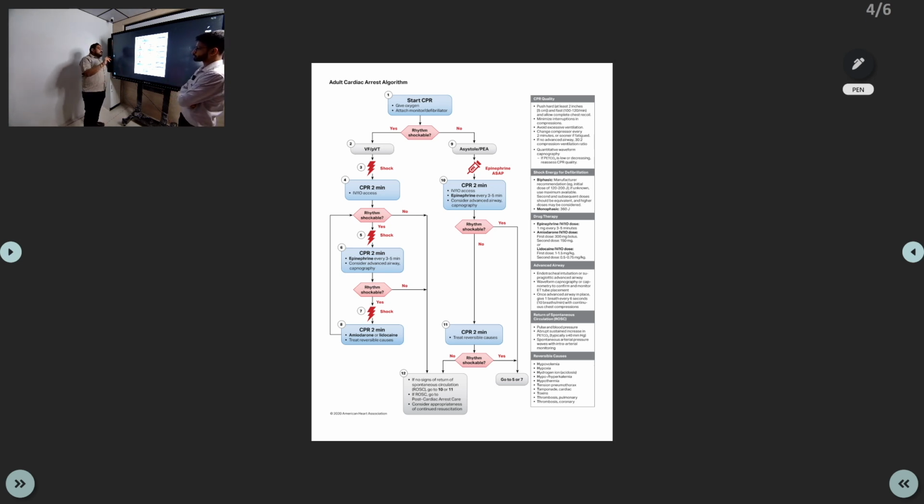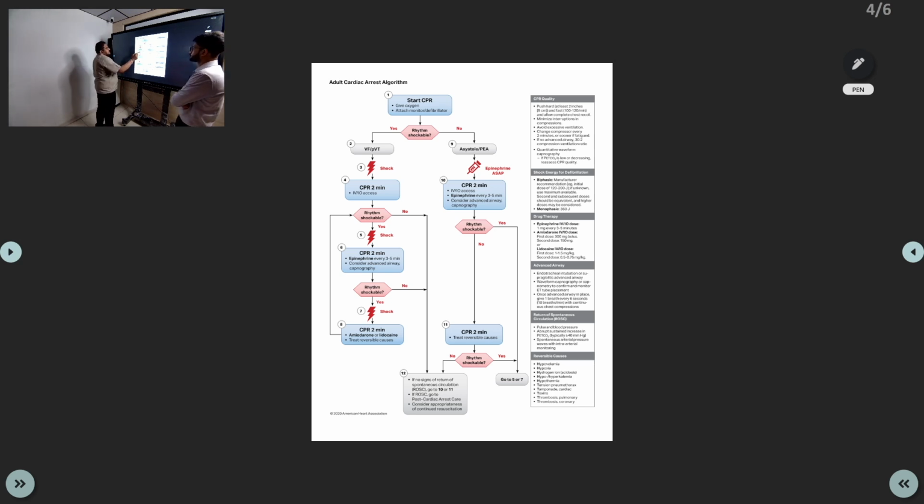Each breath should be delivered over 1 second, just enough to produce a chest rise. So these are the 5 qualities of CPR.